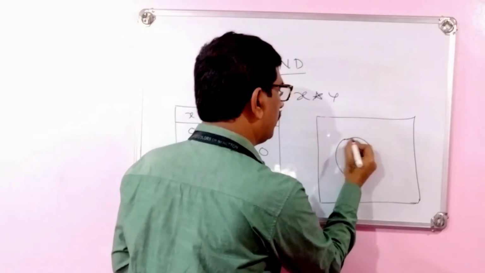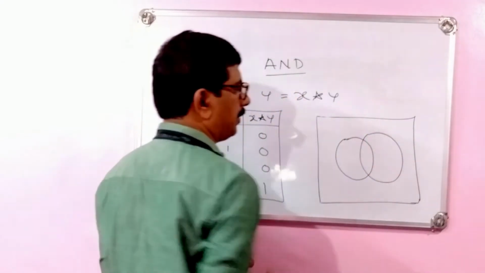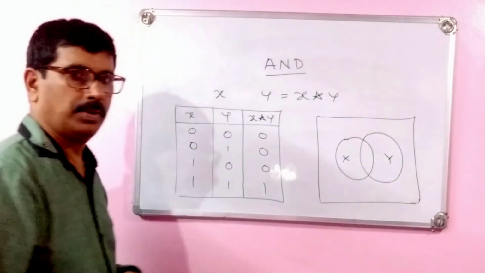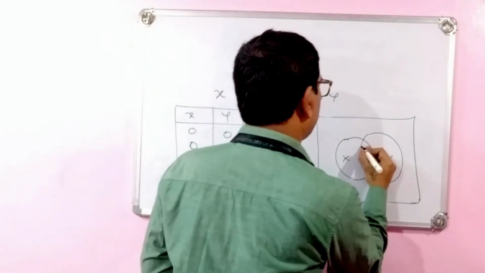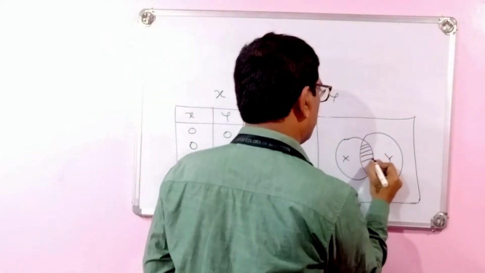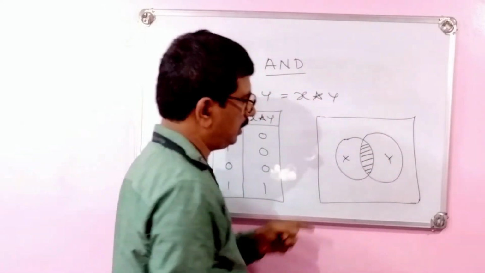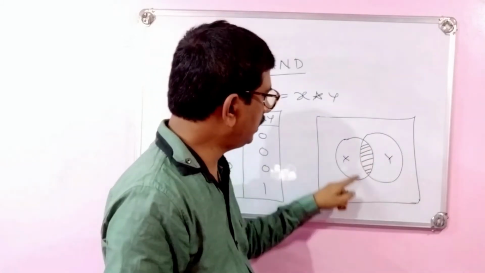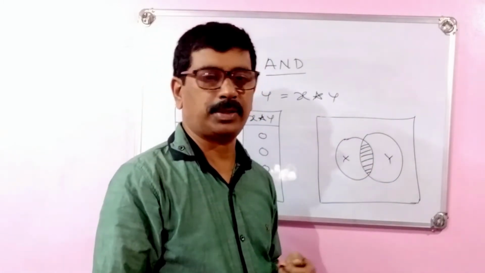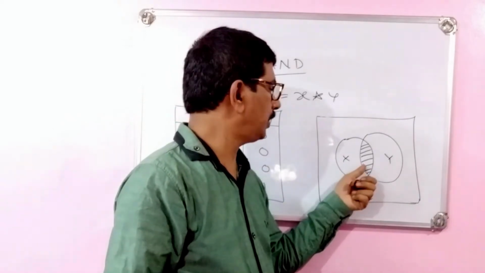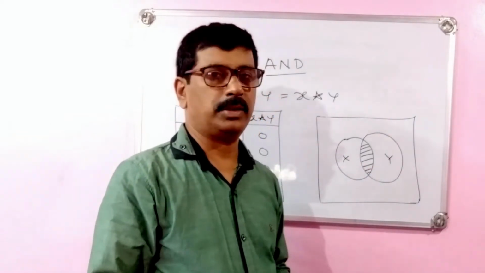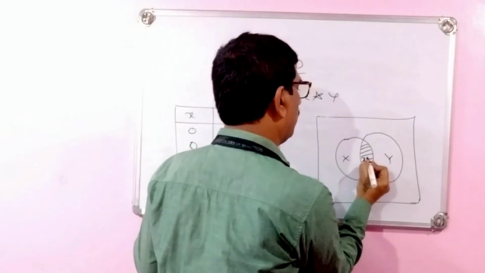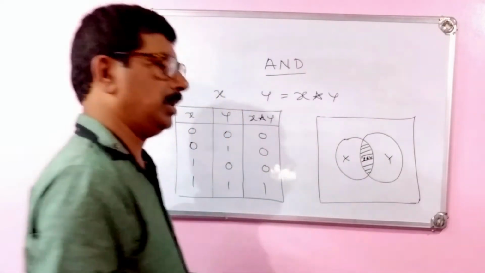Again we will take the same two circles, this is x and this one is y. Now this overlapping region we will show by shading. That represents that if the x value is 1 and the y value is 1, then only there will be a result. Both x and y are 1, there will be a result, and this is x into y.